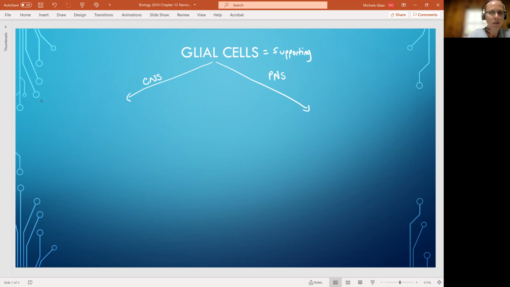Let's start with your astrocyte. Your astrocyte is going to be really just important as a support cell. It's going to maintain the concentration of chemicals in the extracellular space.